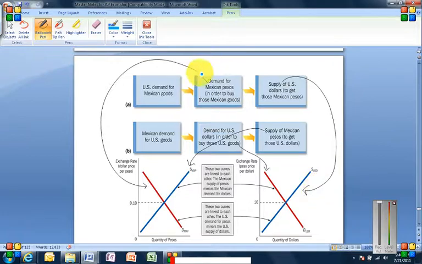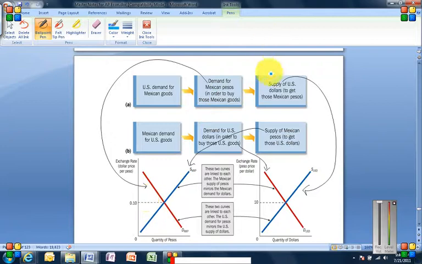So if in our original transaction these Americans who are demanding Mexican goods, who need Mexican pesos to buy them, are going to be demanding them, where are they going to be demanding the Mexican peso? Well, in the market for the peso, which is down here, and this is the demand curve for the Mexican peso. But just like with any other market, there's a demand curve and a supply curve. This is the supply curve for the Mexican peso.